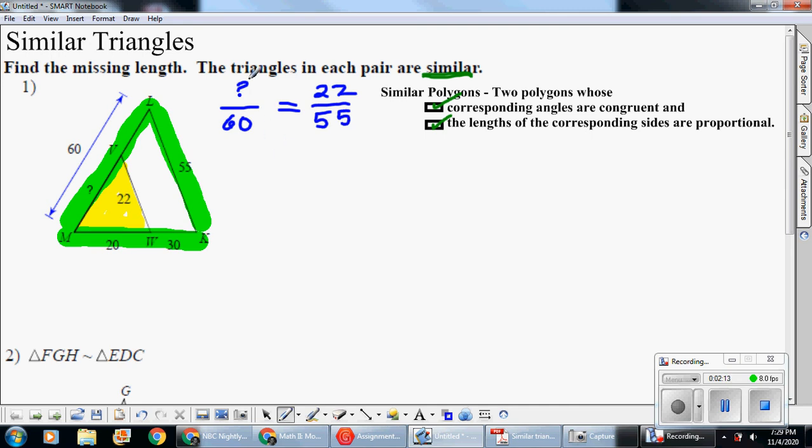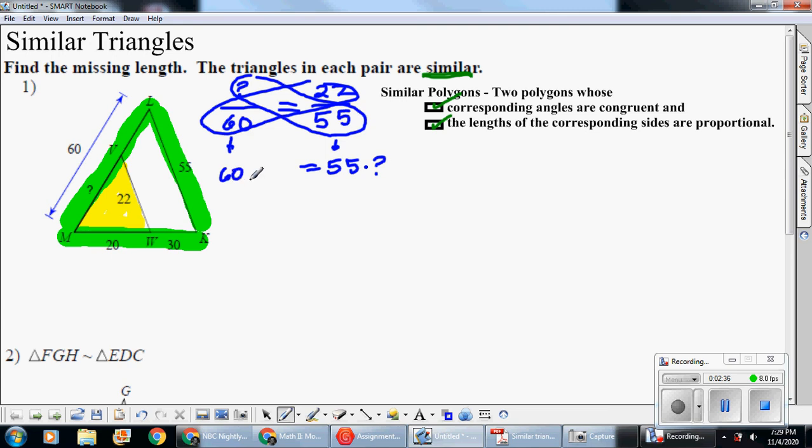Now, the way you solve proportionality is you cross multiply. The answer here will be 55 multiplied by question mark. Now you cross multiply the other numbers and put the answer on the other side.